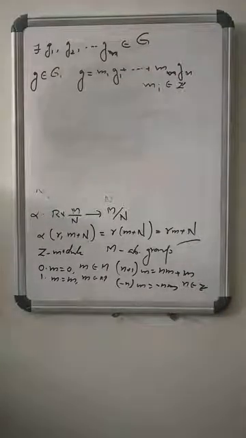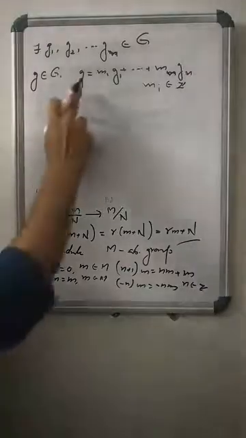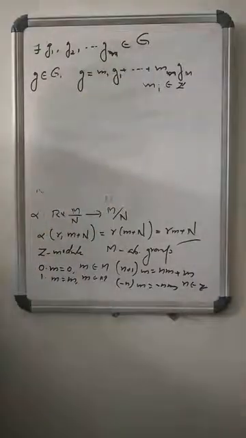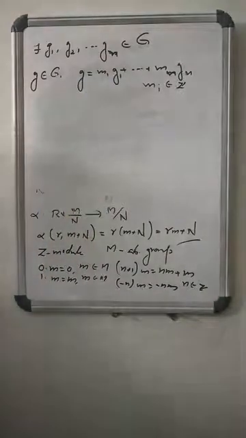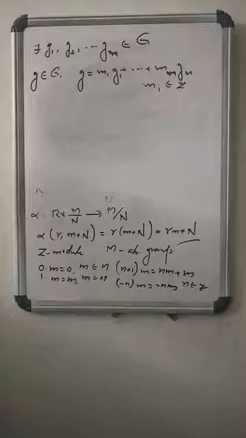Now consider the linear combination m1 g1 plus etc. plus mn gn equals 0. If all mi equal 0, then these gi's are linearly independent.